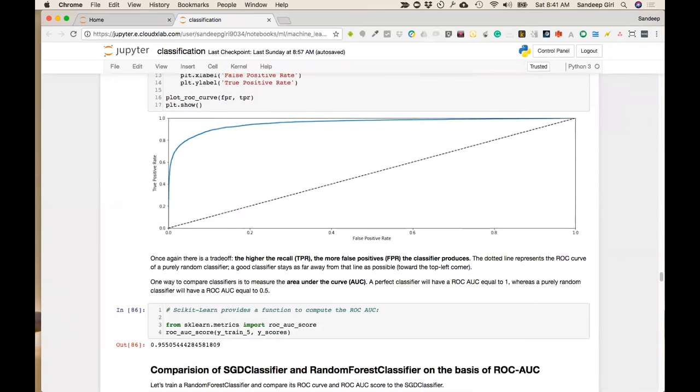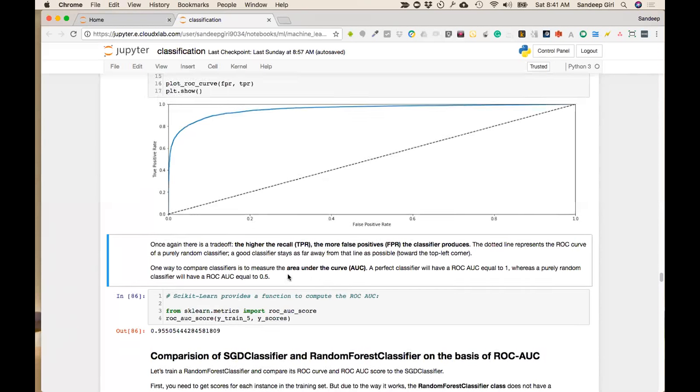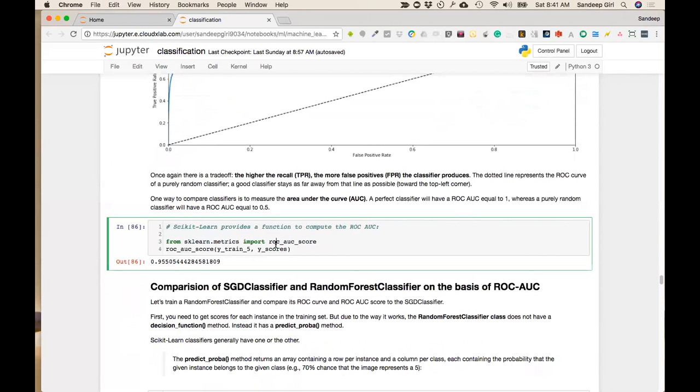Okay. So as a rule of thumb, you should prefer the precision recall curve whenever the positive class is rare, or when you care more about false positives than false negatives, and the ROC curve otherwise. All right.